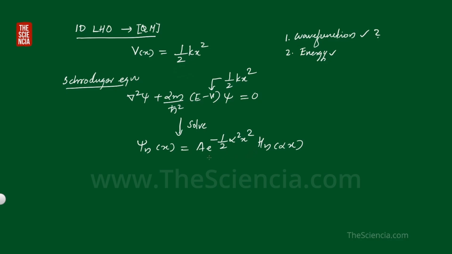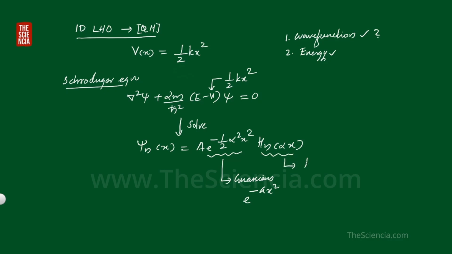So here you see this function is a Gaussian function. Earlier I told you if a function is in the form of e^(-ax²), where a is some constant, then such kinds of functions are called Gaussian functions. And what is this Hn(αx)?